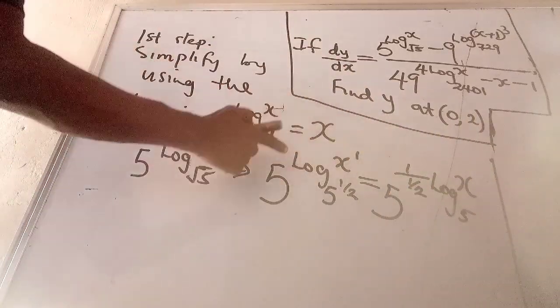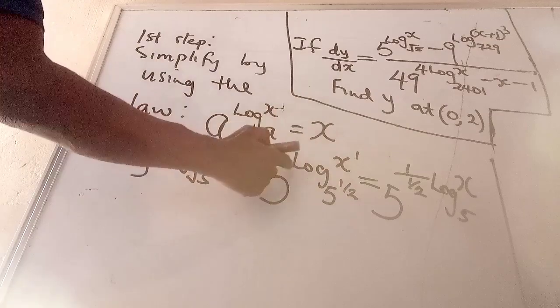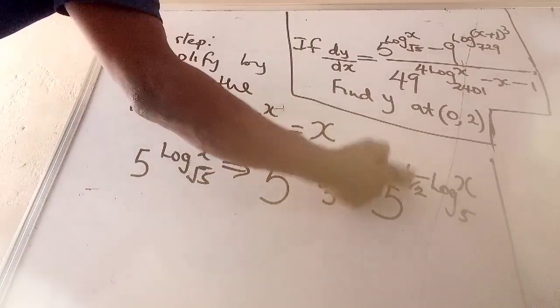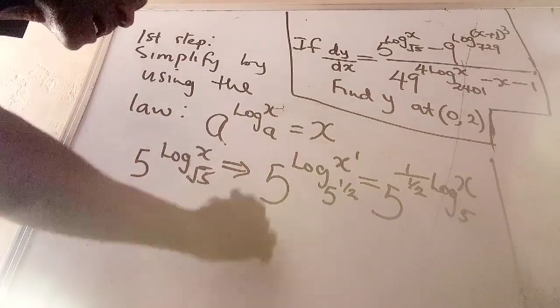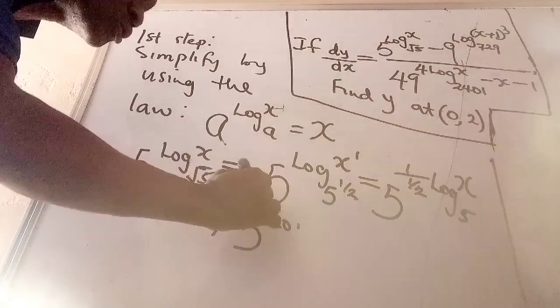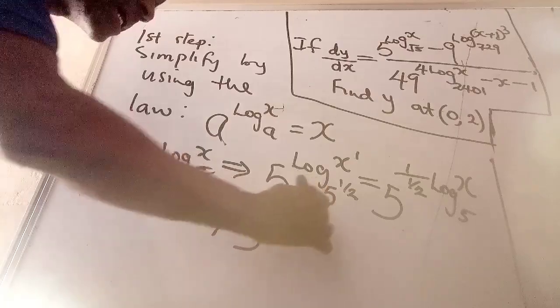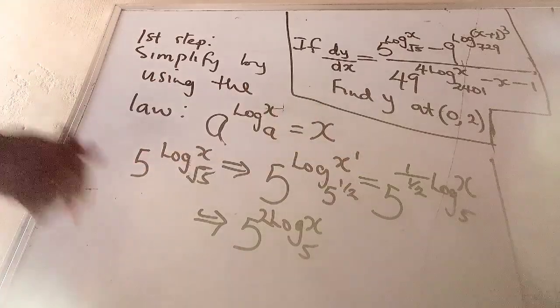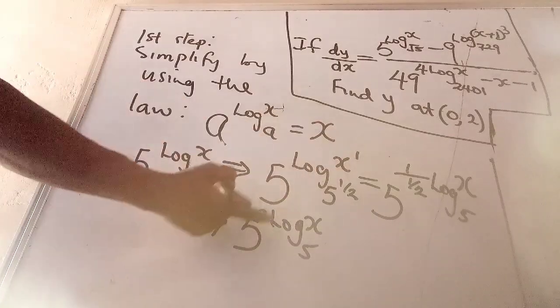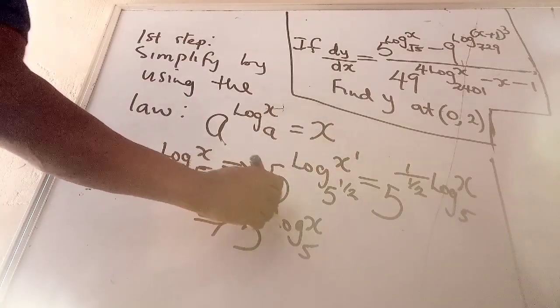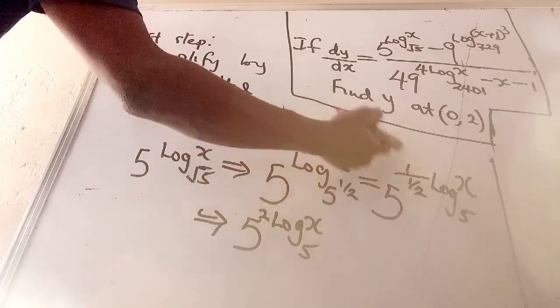The power of 1 has come here, the power of half has come here. So they form a fraction here. And this means we have 5 raised to power 2 log x base 5. Now, this 2 here, obtained from 1 over 1 over 2, will give you 2.